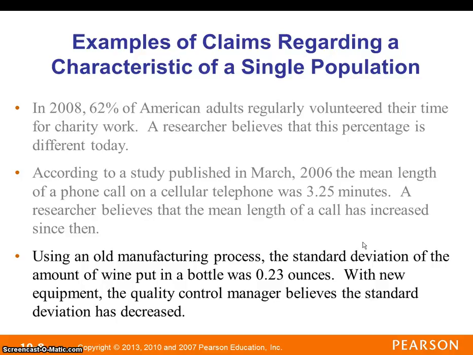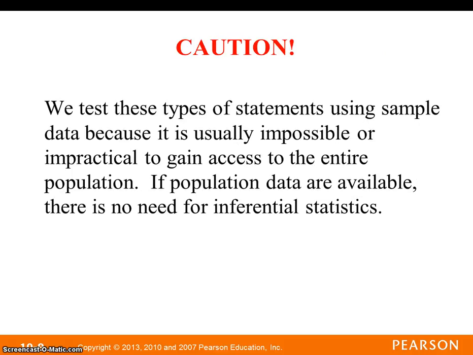And so basically what you're saying in this case is that the deviation has decreased, and so there should be less variation in the volume of wine in each bottle. So the volume should be closer than it was before in each bottle.